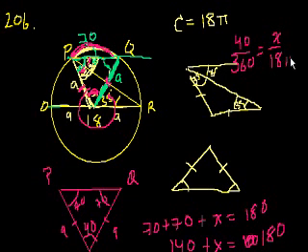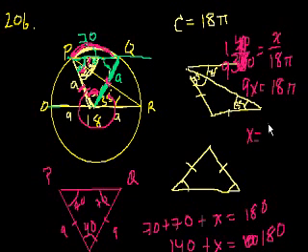So let's see if we can simplify this. 40 goes into 360 nine times, so this becomes 1 over 9. Then we can cross multiply and get 9x is equal to 18 pi. x is equal to 18 pi divided by 9, which is 2 pi.